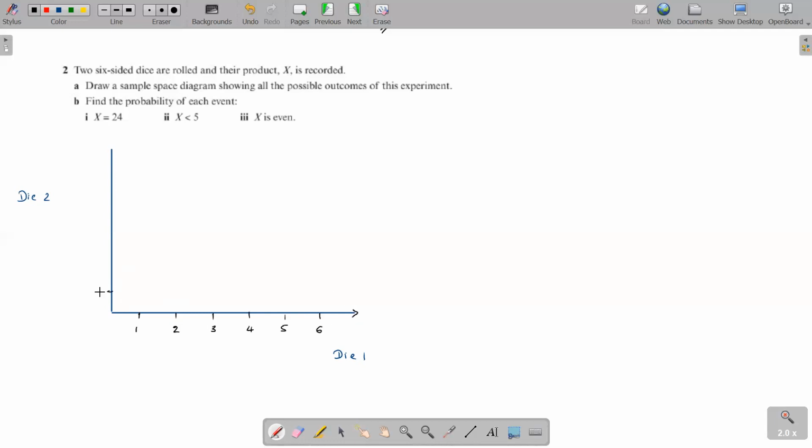And the other one also 1, 2, 3, 4, 5, and 6. By the way, they are saying that they are considering the product here, isn't it?